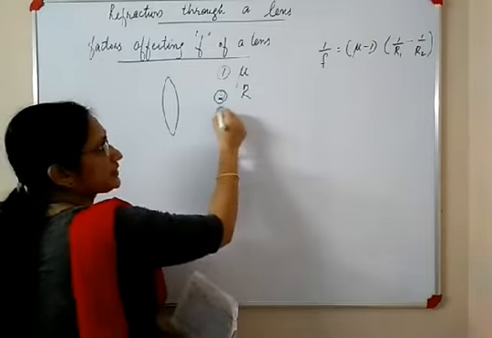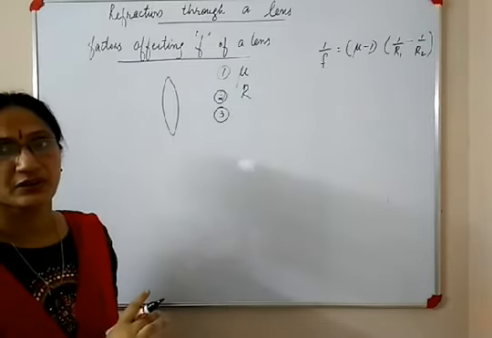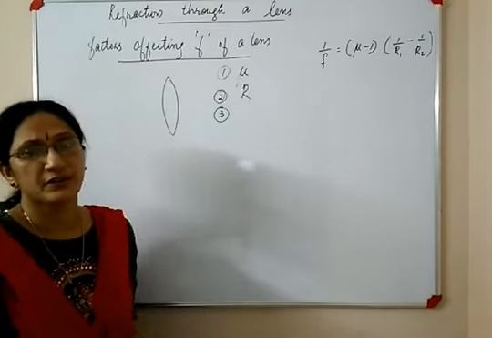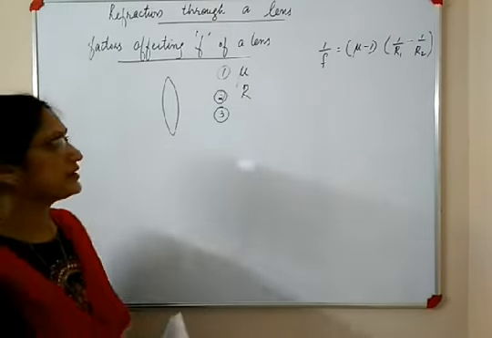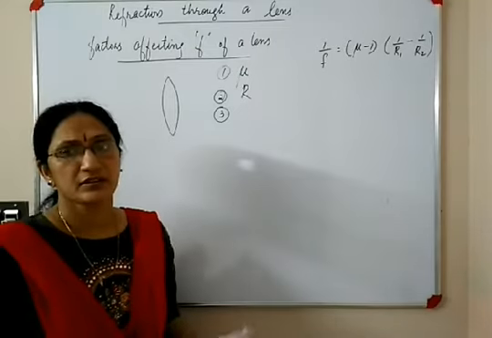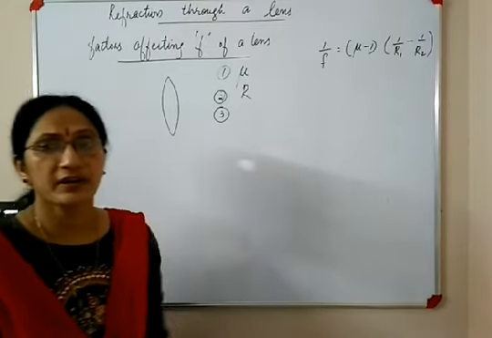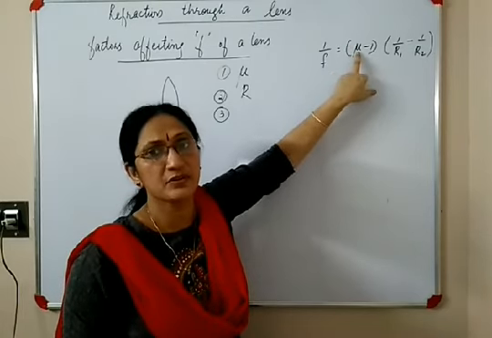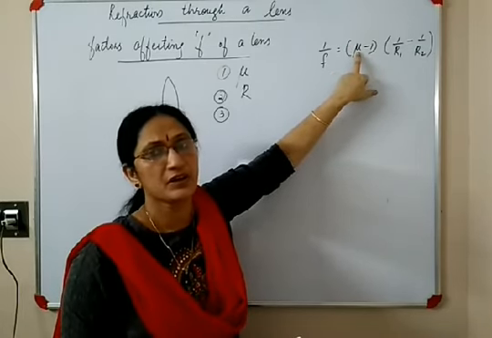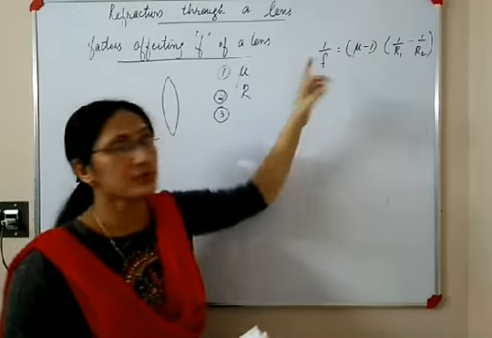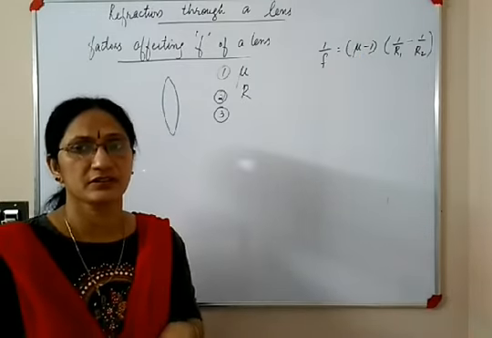Third point, color of the light used. The same lens will give different focal lengths for different colors. For example, suppose you are finding out focal length by using violet color and then red color. Violet color has high refractive index, as you have recently learned in the previous chapter. Since violet color has high refractive index, it will give less focal length.